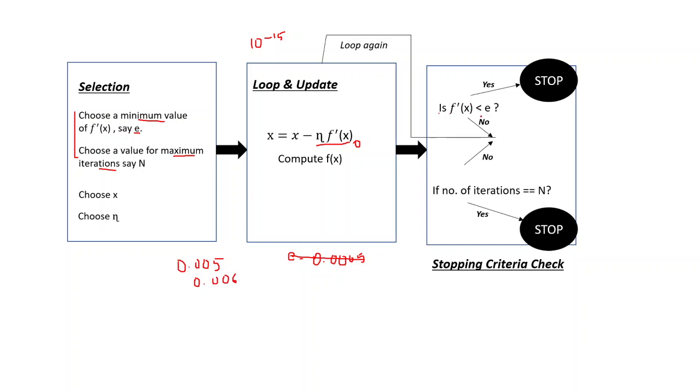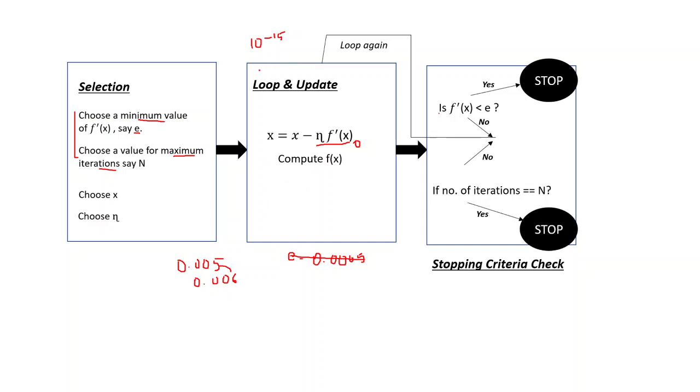This is always greater than e, but the effective value of minus eta f prime x is also not moving in the direction that you desire. 0.005 and 0.006 are not going to make much of a difference. So your error function is almost remaining the same. The solution isn't converging very fast.